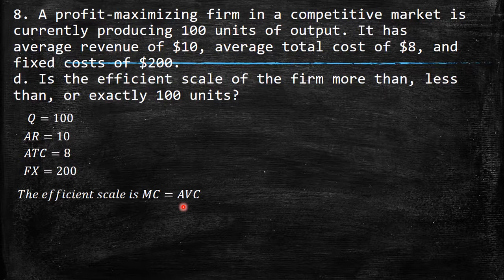When the marginal cost is smaller than the average total cost, the average total cost is decreasing, and when the marginal cost is higher, the average total cost is increasing. So for this reason, this is exactly the minimum point of the average total cost.